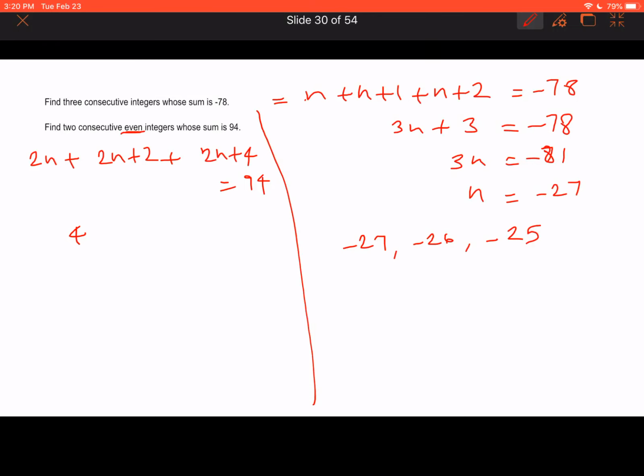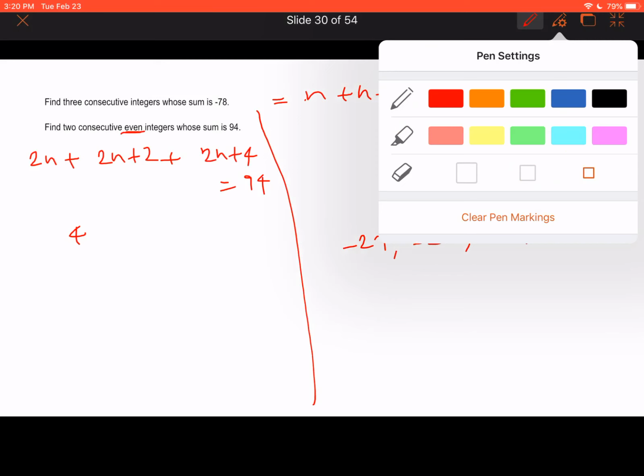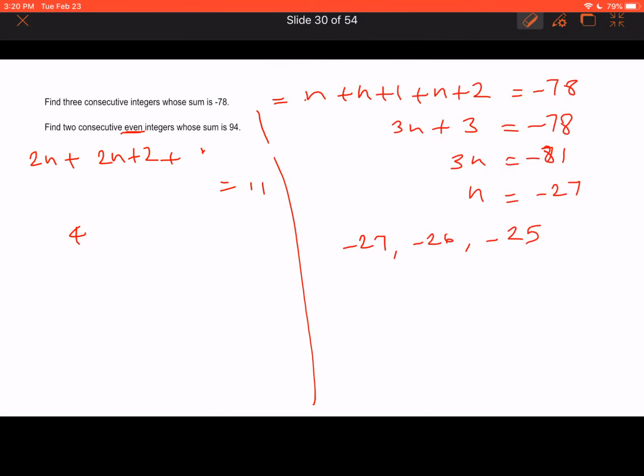They are asking for only two consecutive numbers, so we have to stop with 2n and 2n plus 2, which is equal to 94. So 4n plus 2 is equal to 94. So 4n equals 92, so n equals 23. But the first integer is represented by 2n, right?